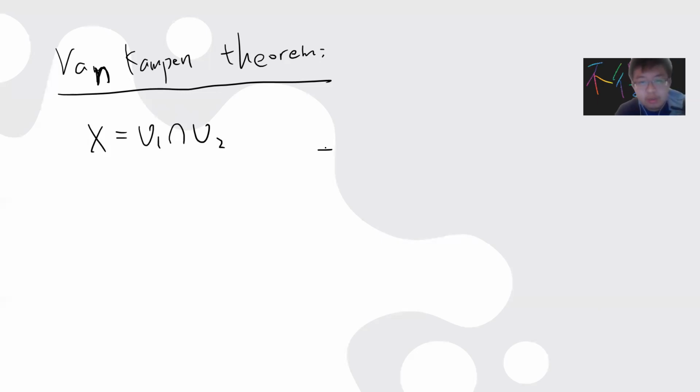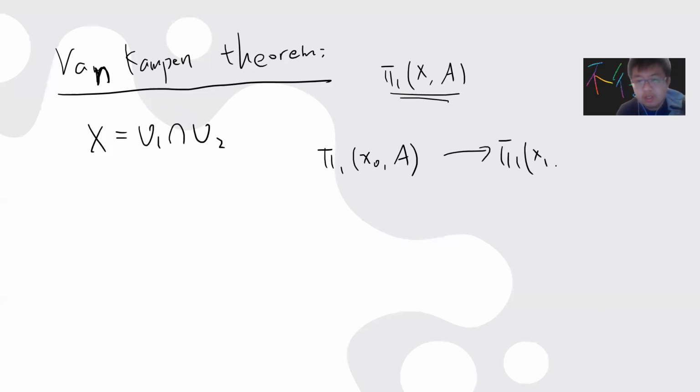Let me just quickly say this. If you take, you can define pi1 of X with A, by the way, so you can make subgroupoids of the fundamental groupoid.